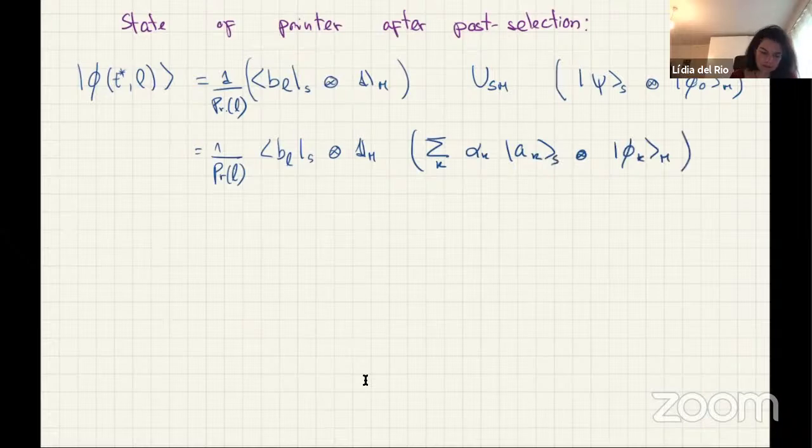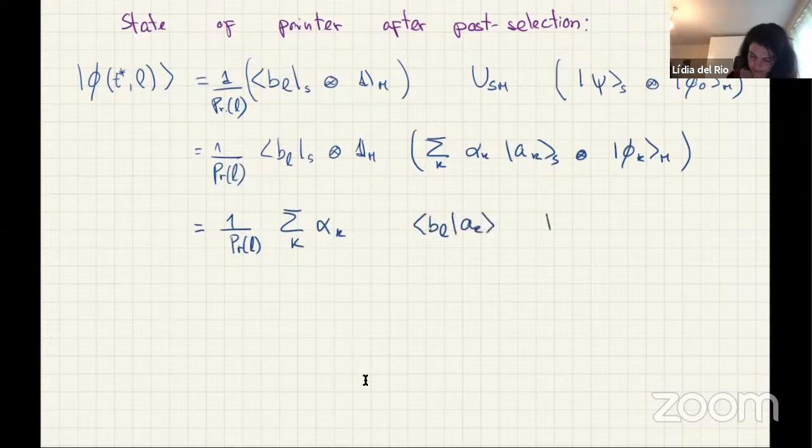Good. So this gives us probability of L, sum over K, and now we have just alpha K. Let's leave it there for a while. BL AK. And this is a number, and this is by K.